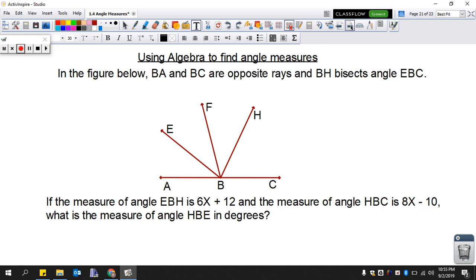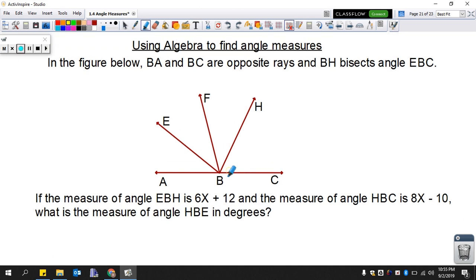So in the figure below, CA and BC are opposite rays, which means that ABC is a straight line, and BH bisects EBC.